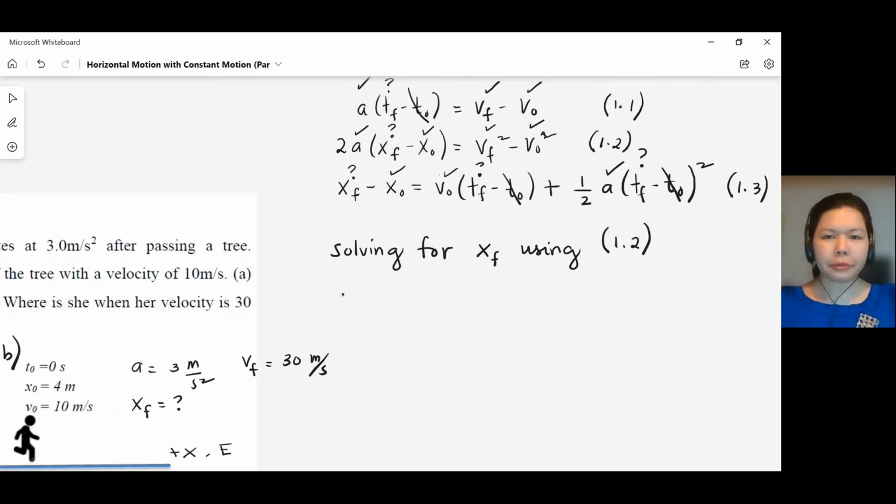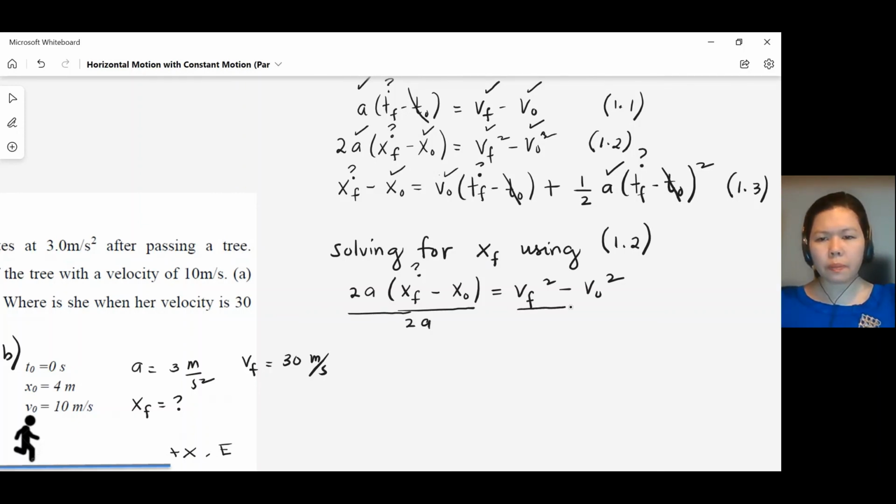We have 2a times XF minus XO. We are now copying equation 1.2. Okay. And again, we want only the XF, so we divide the entire equation by 2a. And so we cancel 2 divided by 2 and a, we have a divided by a.